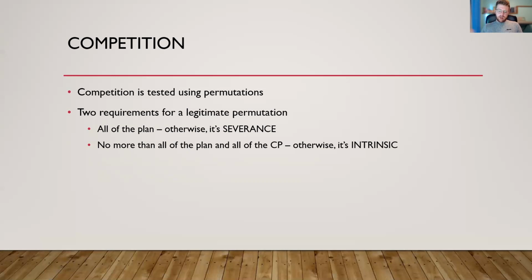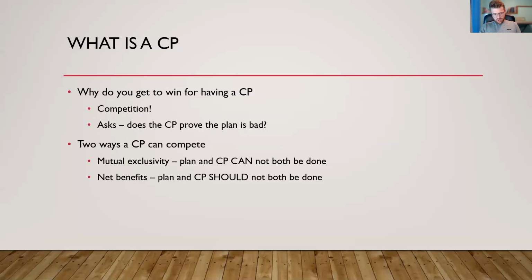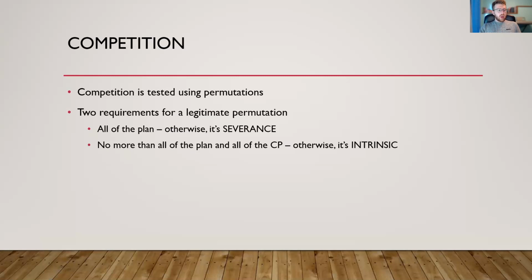So remember, the point of a permutation is to challenge the neg's argument that the counterplan disproves the plan. In order to do this, the Aff is essentially making a no link argument against whatever offense the neg is presenting. This offense can come from a disad or from the counterplan with this opportunity cost thing.